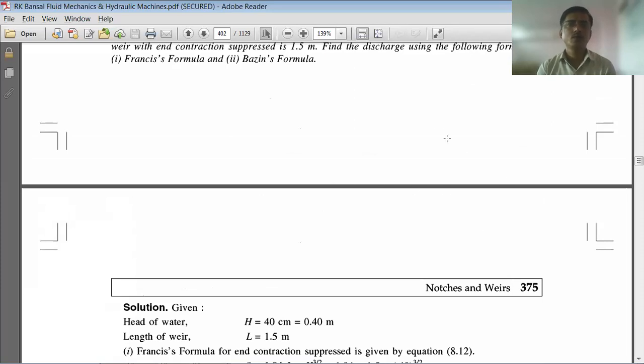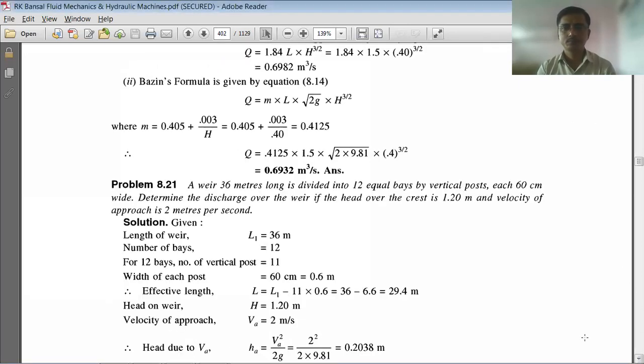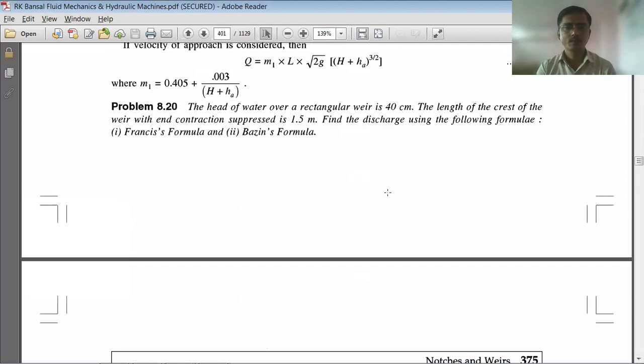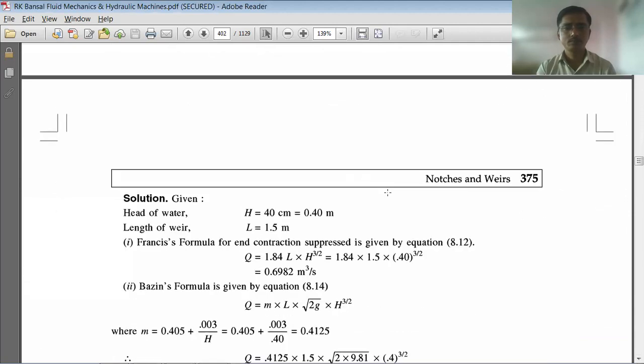What is the answer? Has anybody got it? It is very simple. 0.6982 meter cube per second.